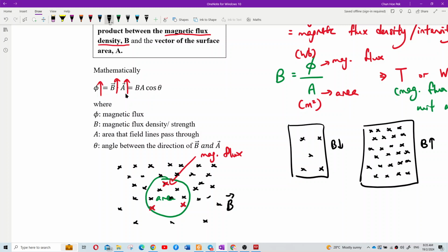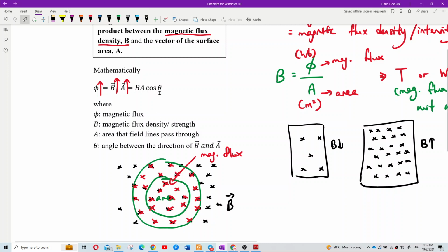Likewise, if I have a bigger area instead of a small area, then you have more flux also. So flux depends on area and also magnetic field strength.